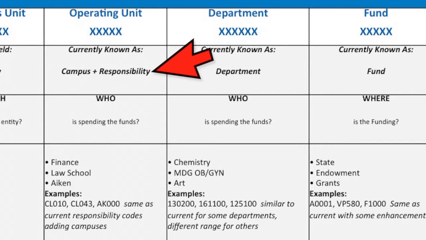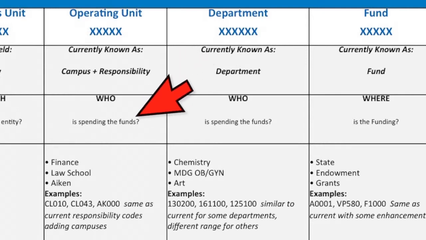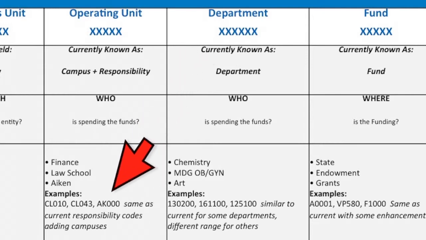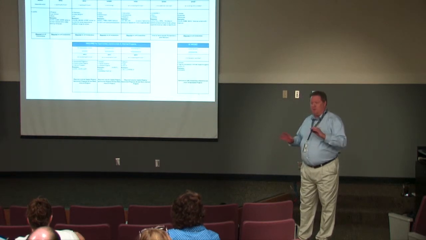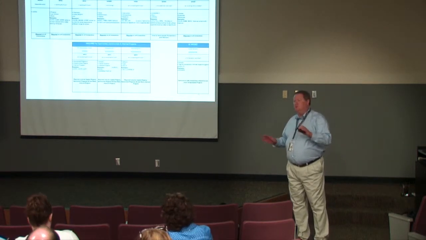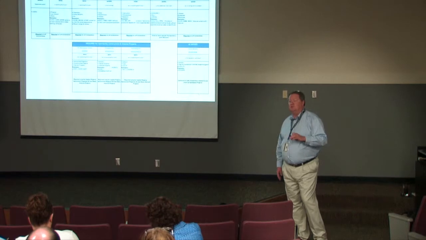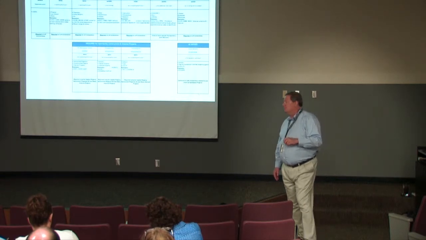So we'll show you the values for each one of the campuses on the next slide. But I will tell you that Aiken's value right there is going to be AK 000. And we'll show you the values for the other campuses if you do transactions between campuses so that you'll know what the values are.